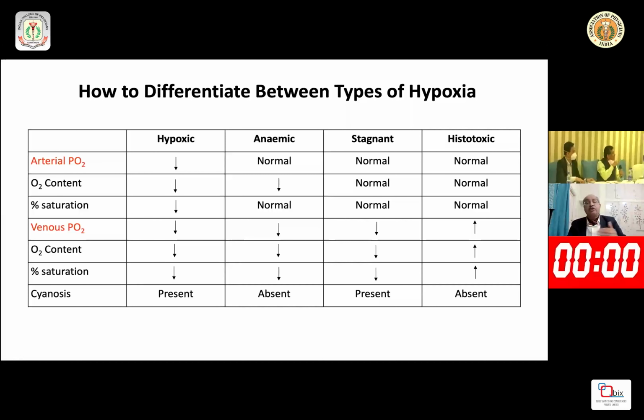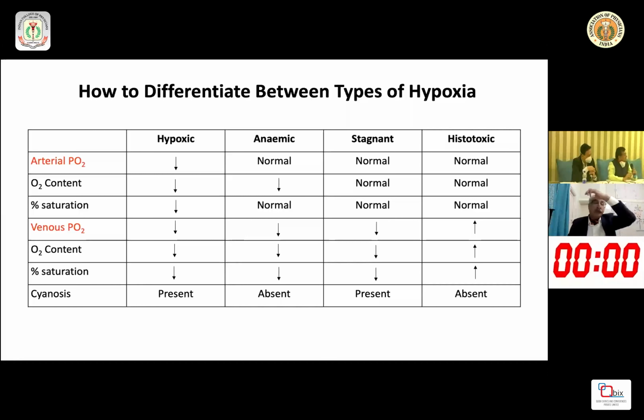Whereas in stagnant, it is the venous PO2 which is low because of peripheral circulatory failure. In histotoxic, everything will be normal, but the oxygen content and oxygen saturation will go up.